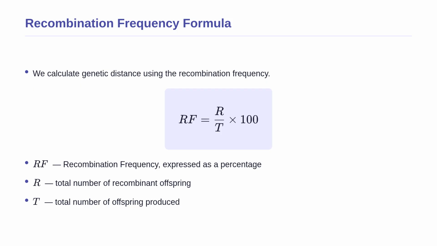T represents the total number of offspring produced in the entire cross. We divide R by T and multiply by 100. As the physical distance between the genes increases, the value of R increases, which in turn makes the RF larger, indicating they are further apart.